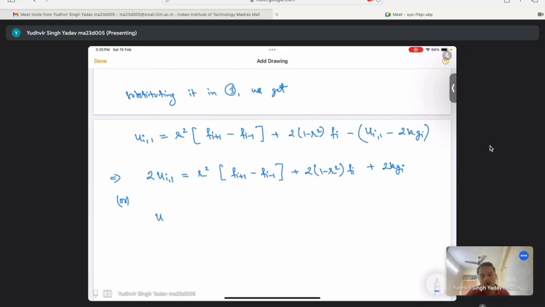Furthermore, it can also be simplified to u i,1 equals r square by 2 times f i plus 1 minus f i minus 1, plus 1 minus r square f i, plus k times g i.